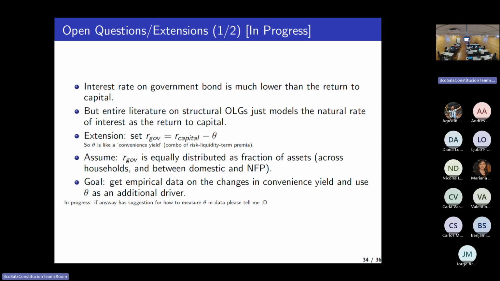So we don't think it's a plausible option to micro-found this convenience yield. Instead, we'd rather find empirical measures of the convenience yield, run those through our model and see how important it is as a driver alongside the ones that we've got.